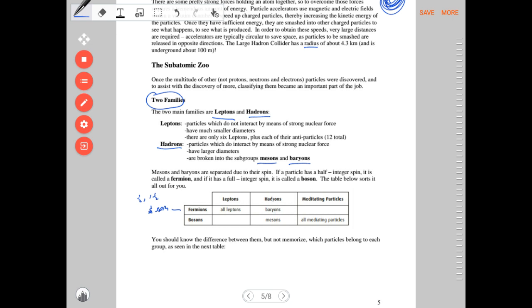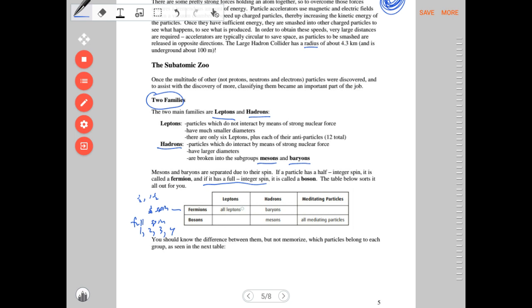And the baryons, the hadrons of that type, have half spins as well. Now, bosons, on the other hand, have full integer spins, like 1, 2, 3, 4. So bosons have the full spin.